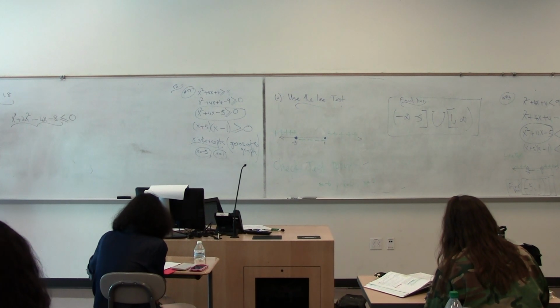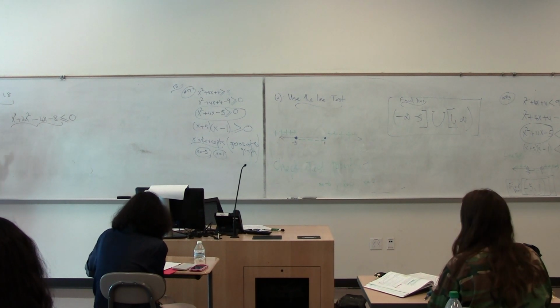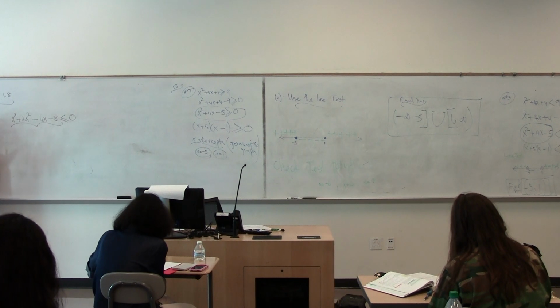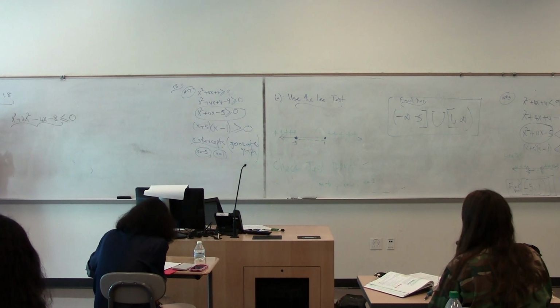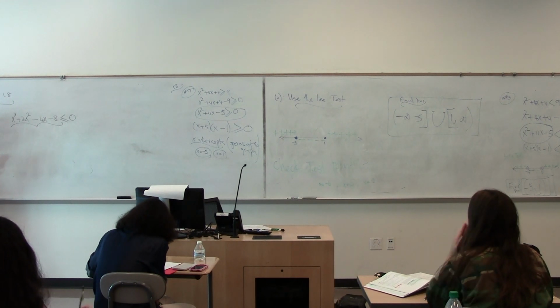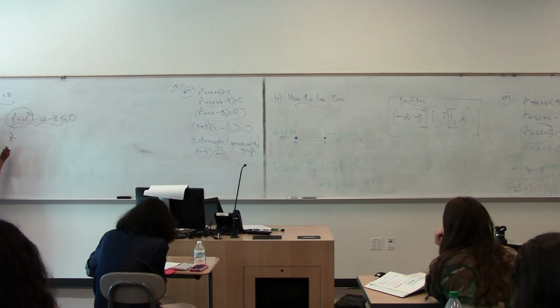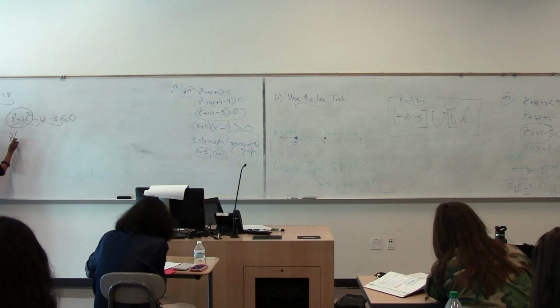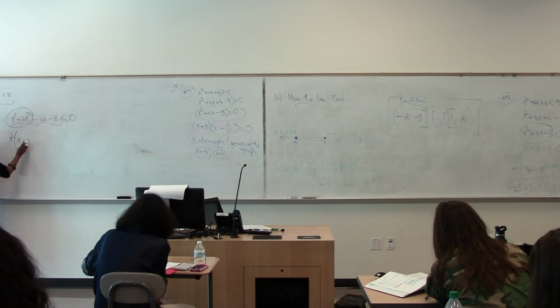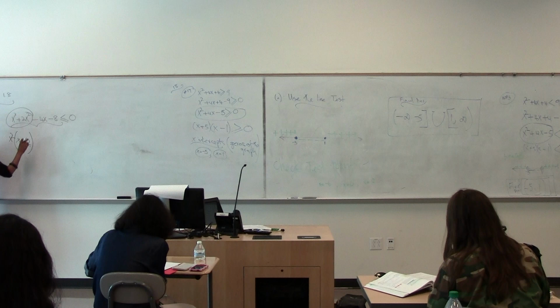Yes, we can factor this one by grouping. We talked about factor by grouping before, right? Remember I gave you all the factoring methods. So take these two, factor by grouping, x squared out. And then what do you get here? x plus 2. x plus 2, good. What are you going to do here?